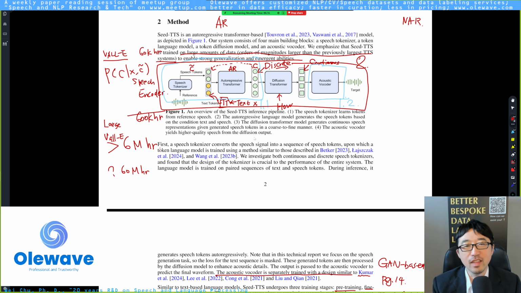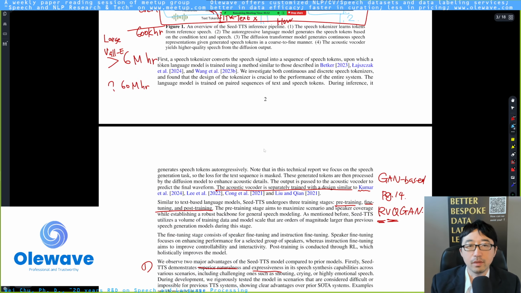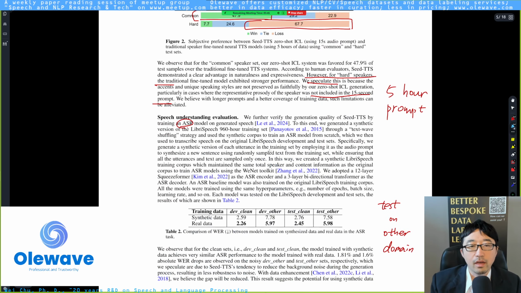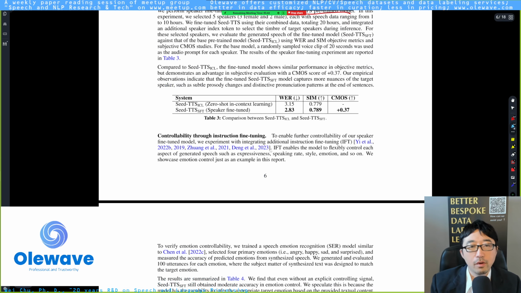I think in this fine-tuning stage, they do not need this speech tokenizer, right? Because all you have to feed in is the text and the target speaker voice you want to generate. So you should not need this for your speaker fine-tuning because you have the data now. Okay, I think we solved that model architecture problem and also data controllability through instruction fine-tuning.